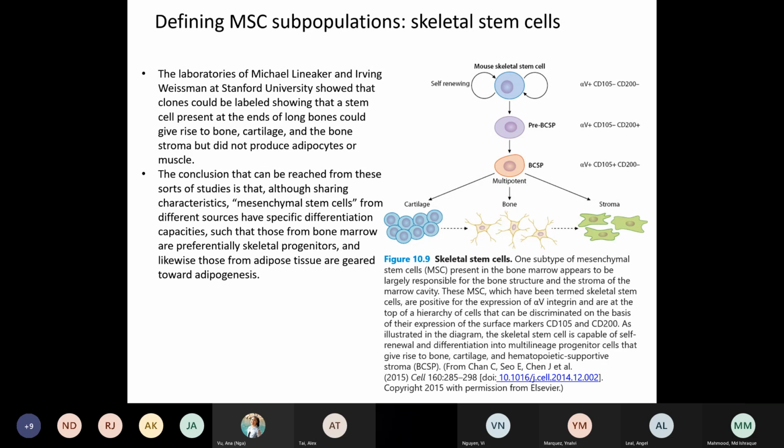Somehow they're different. Therefore, maybe in the long bone, they prefer to differentiate towards skeletal progenitors, and therefore eventually become cartilage and bone.